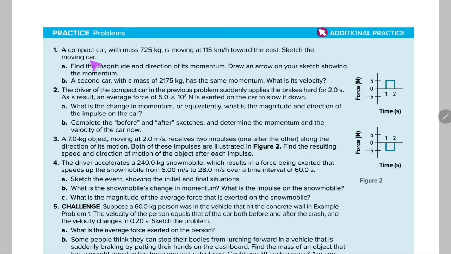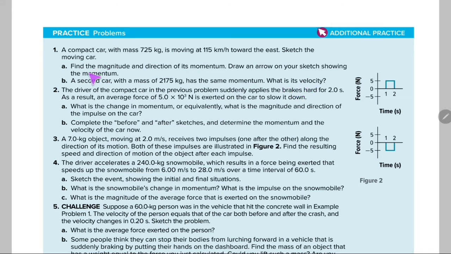A. Sketch the moving car. Find the magnitude and direction of its momentum. Draw an arrow on your sketch showing the momentum. B. A second car with a mass of 2,175 kg has the same momentum. What is its velocity?